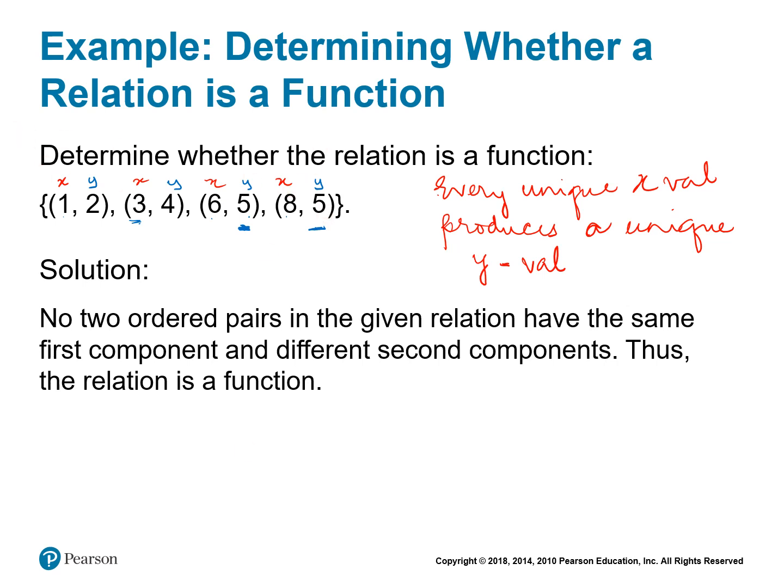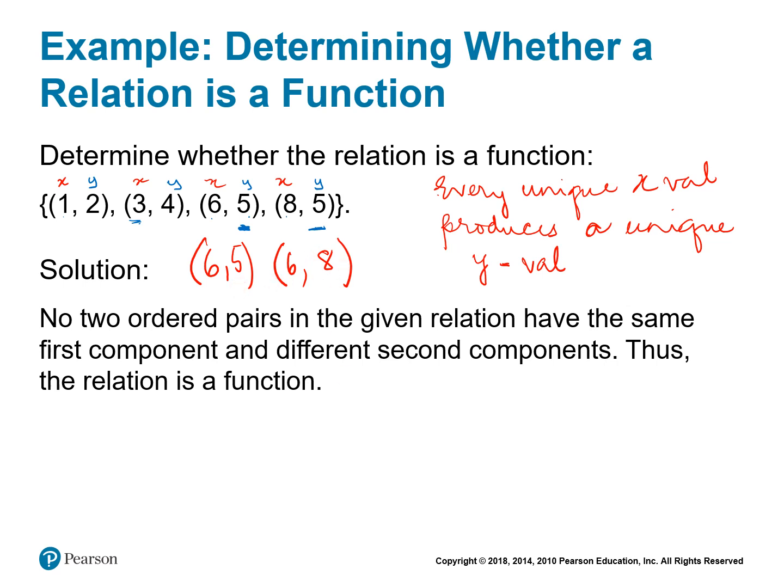But if we had something like 6 comma 5 and 6 comma 8, it would be a problem. It would not satisfy the property of a function. We cannot have the same x value mapping to two different y values in a function.